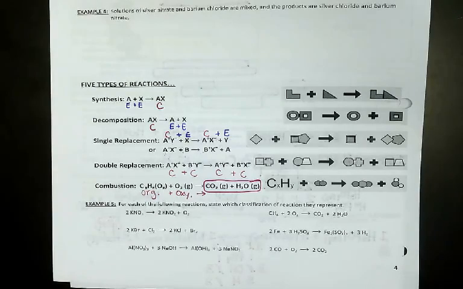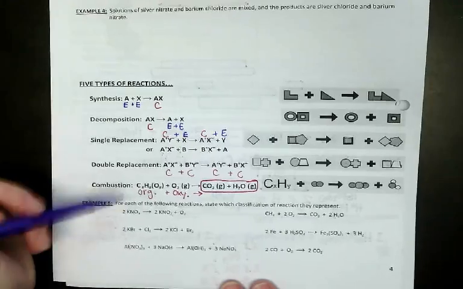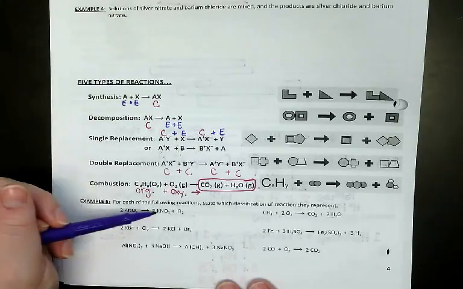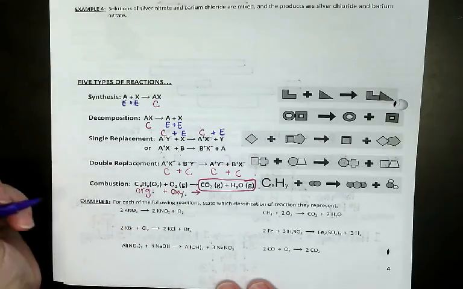for each of the following reactions, state which classification of reaction they represent. So, we have 2KNO3 yields 2KNO2 plus O2. What kind of reaction would this be? Decomposition. Do you see a plus sign before the arrow? No, so this is decomp. Okay.